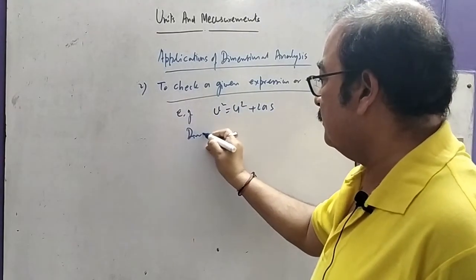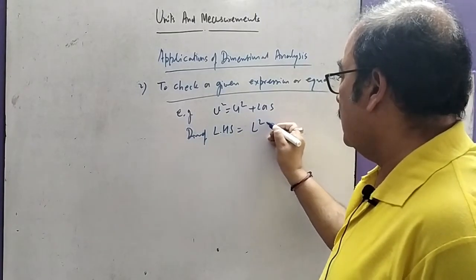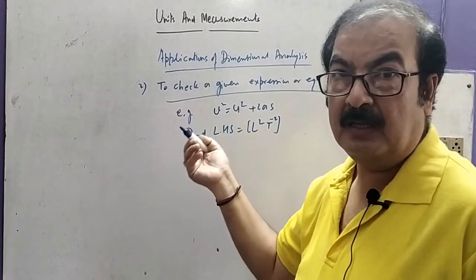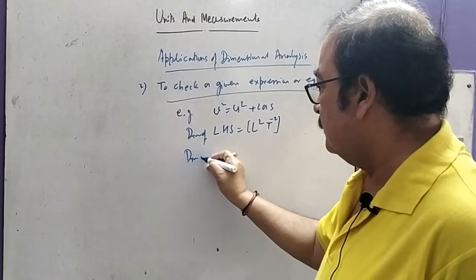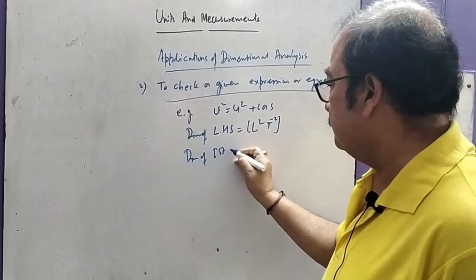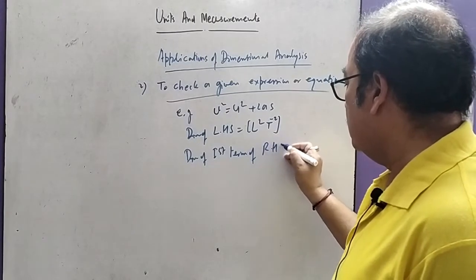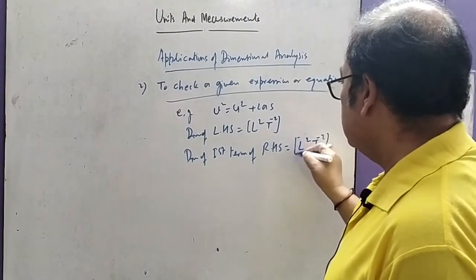We write the dimension of the left hand side: L square T minus 2. You know v is LT minus 1, square is this much. Dimension of the first term of the right hand side, again L square T minus 2.